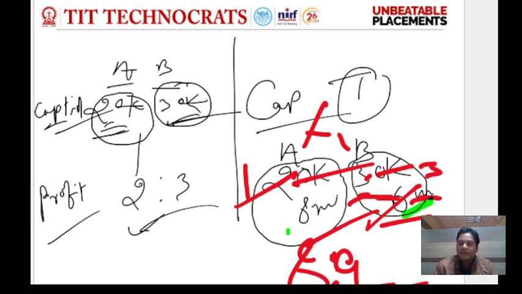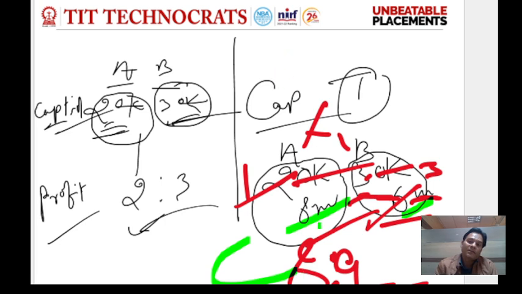Then we make the ratio of capital into time. It is 8 is to 9. So in this case the profit ratio of A and B will be 8 is to 9.